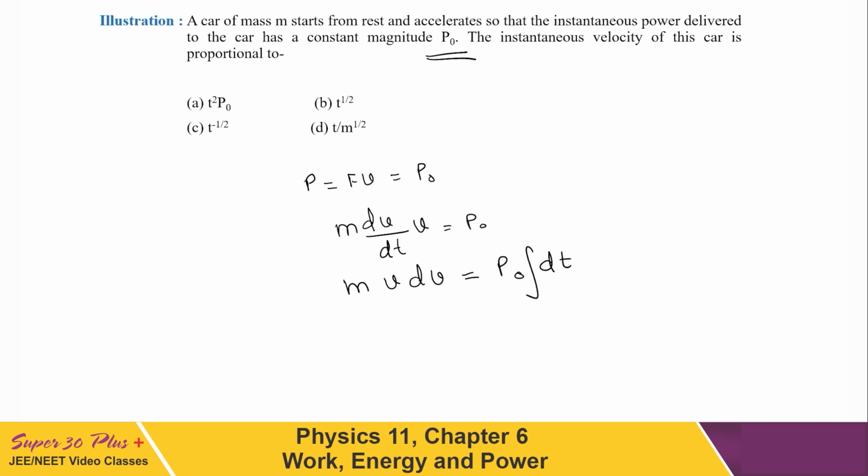Now integrate both sides. We will get P0 t equal to m v squared by 2. From here we can write v squared is equal to 2 P0 upon m into t. So v is proportional to t to the power 1 by 2, which is our correct option, option number B.